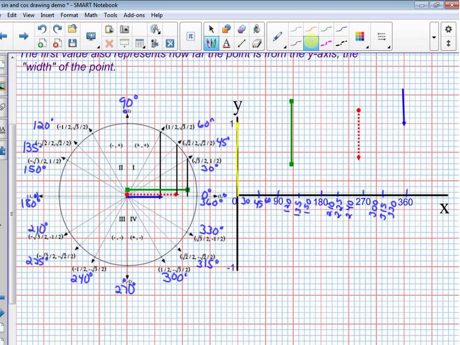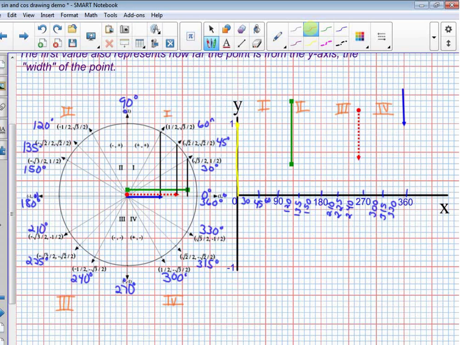So it's not going to be the same as the sine. And remember, the quadrants are going 1, 2, 3, 4 around on the unit circle here. But then they change when you're coming over here and graphing to 1, 2, 3, and 4, so that we can represent this linearly.